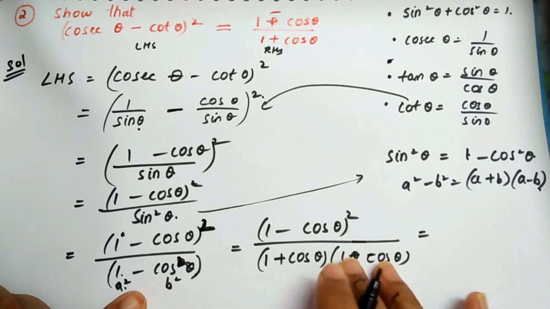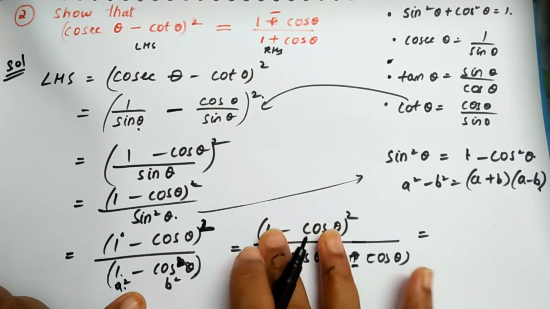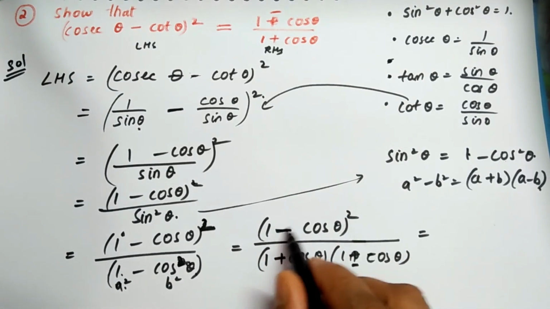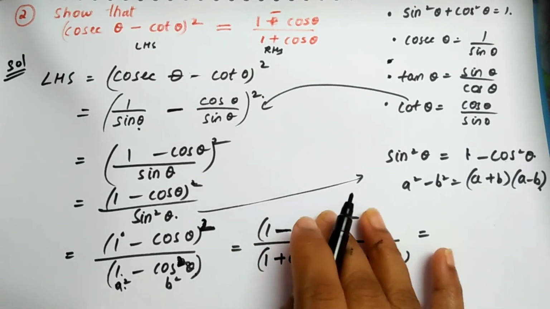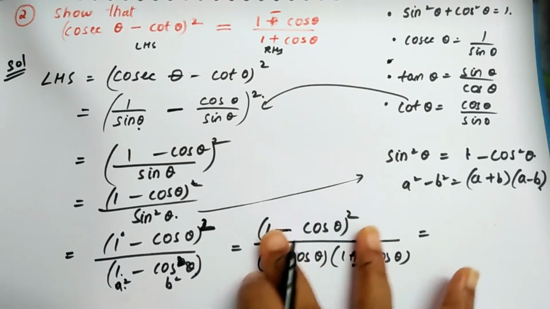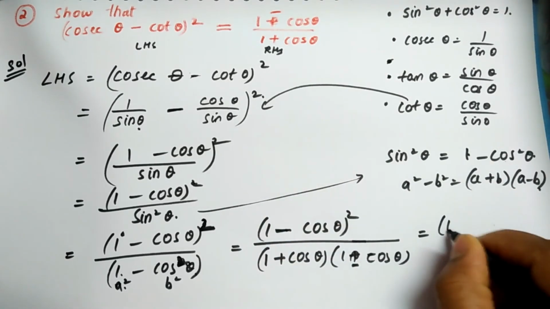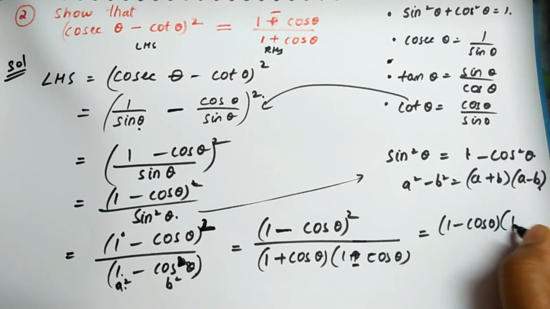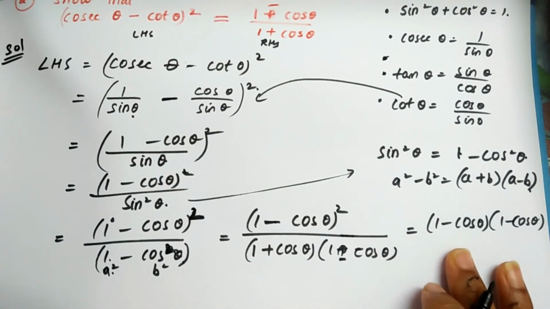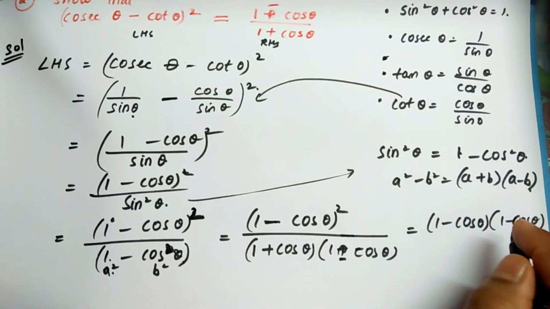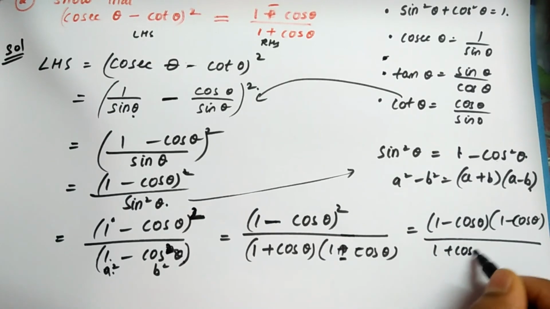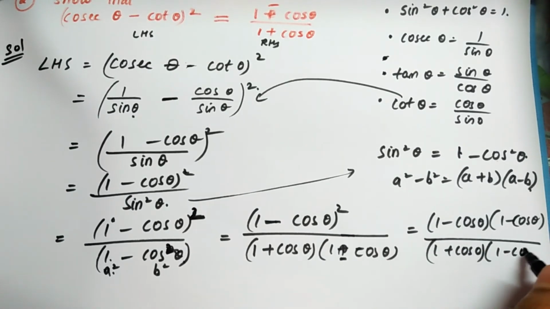The very next thing is that we will not expand the square formula like a square plus b square plus or minus 2ab. Instead, 1 minus cos theta the whole square is nothing but 1 minus cos theta into 1 minus cos theta, the same thing duplicated, divided by 1 plus cos theta into 1 minus cos theta.